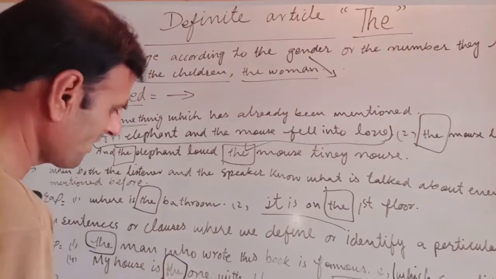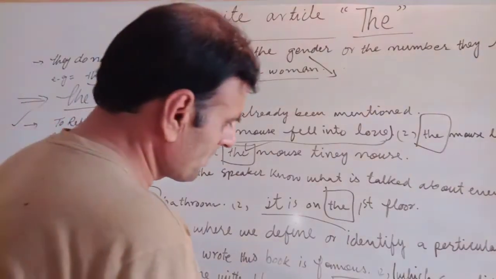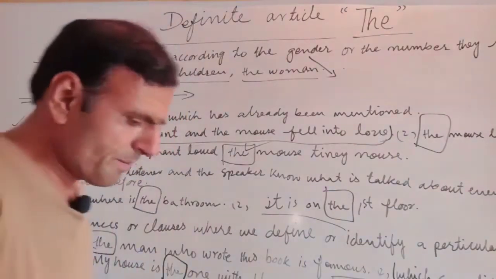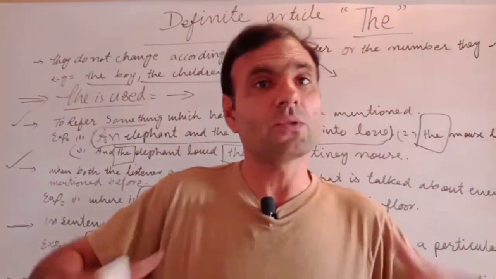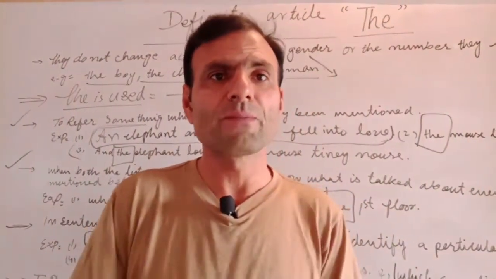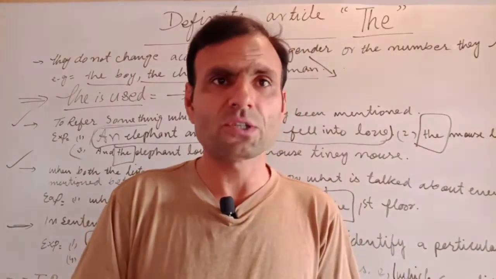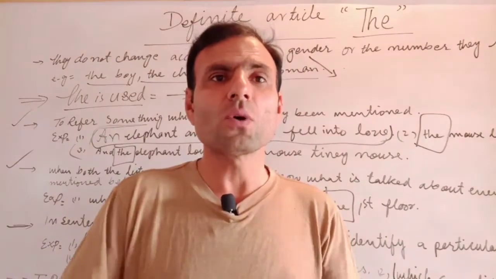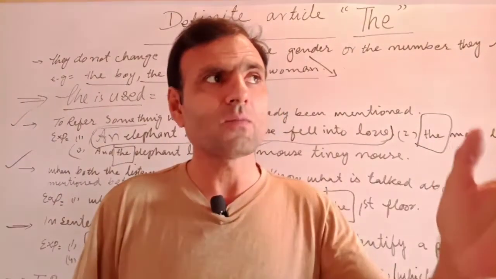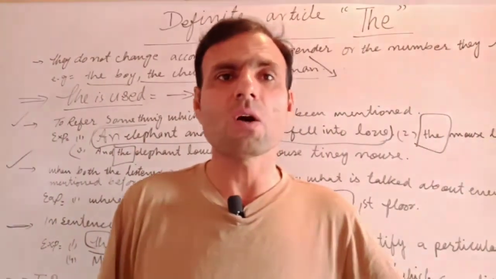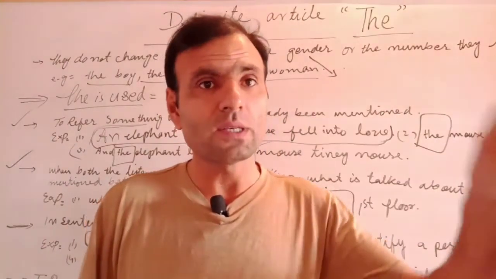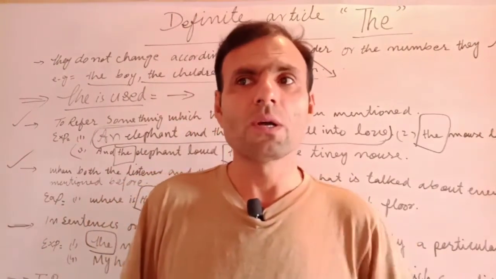Okay, that's okay. Now, my house is the one with the blue door. Now there are many houses. For example, this is a street. On both sides of the street there are the doors of the houses. So you are telling someone particularly about your house. You say, my house is the one with the blue door.